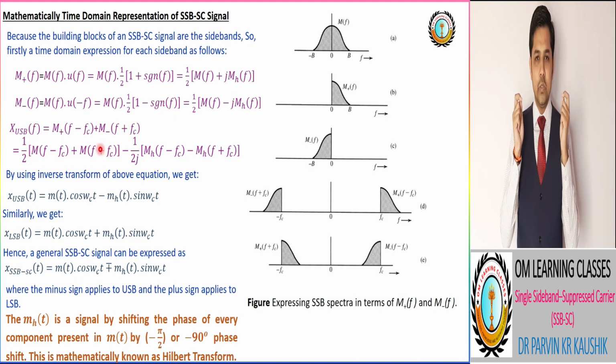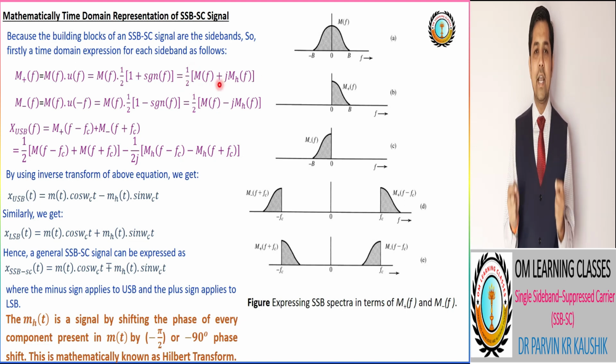So by utilizing M positive (f) and M negative (f), we get the upper sideband signal, which is equivalent to 1/2 (M(f minus fc) plus M(f plus fc)) minus 1/2j (M_h(f minus fc) minus M_h(f plus fc)), and its representation is also shown in the figure.